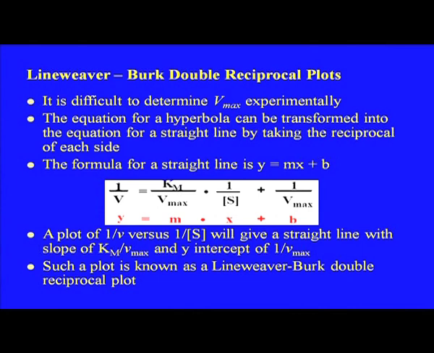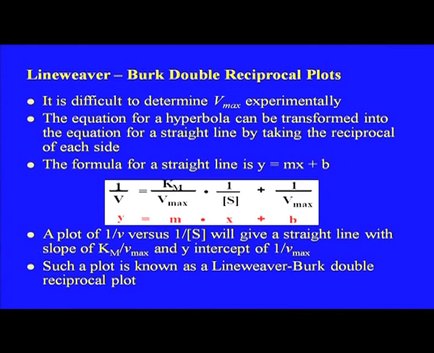Okay. So, it is difficult to determine Vmax experimentally, and the equation for a hyperbola can be transformed into the equation for a straight line by taking the reciprocal of each side. That is why you have done this double reciprocal plot. Okay. And the formula for the straight line is y is equal to mx plus b, where b is the intercept and m is the slope.